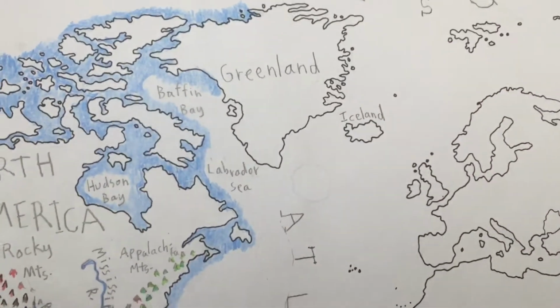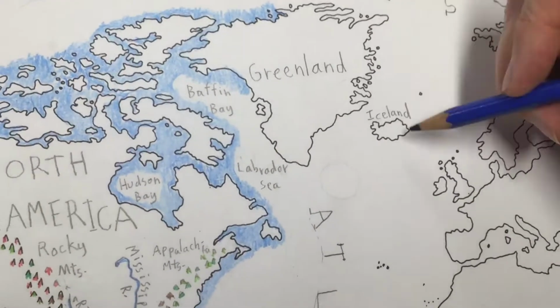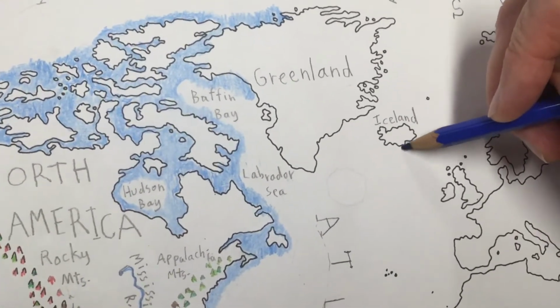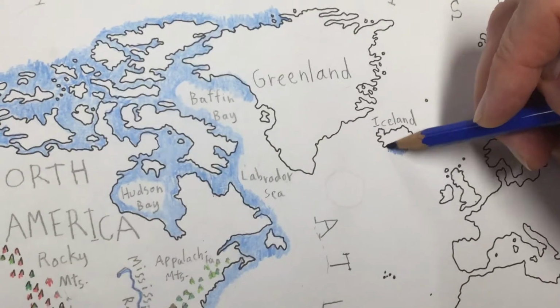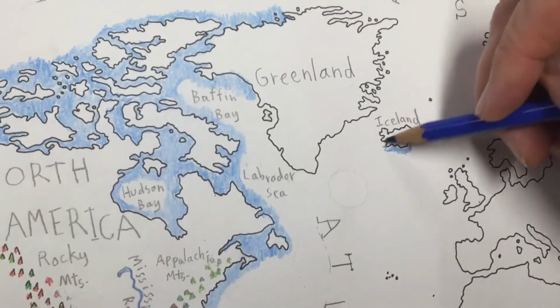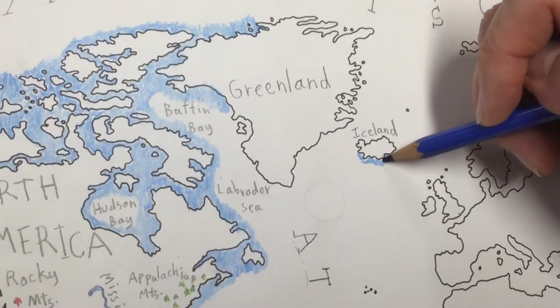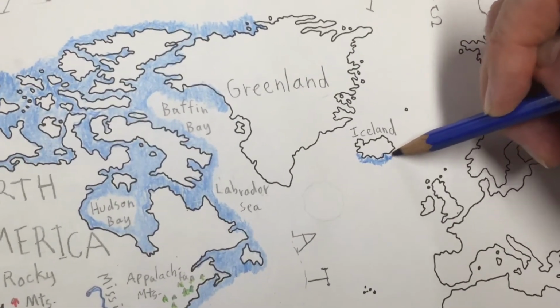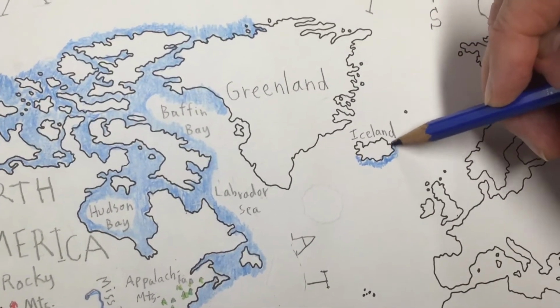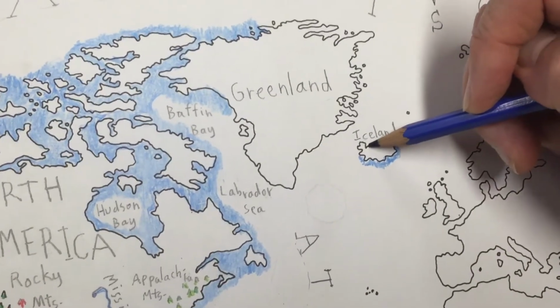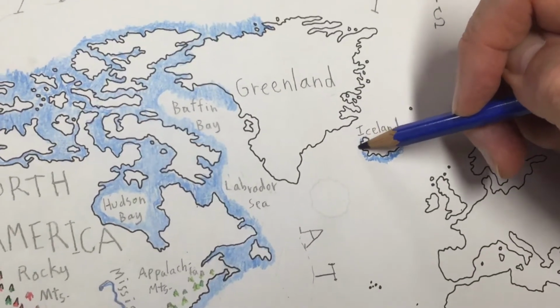And this is a good one to put a little bit of blue around like this. Same thing with Greenland. All of the islands can have a little blue around them. Make them really stand out better.